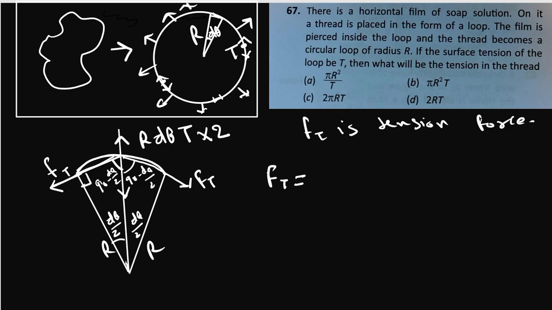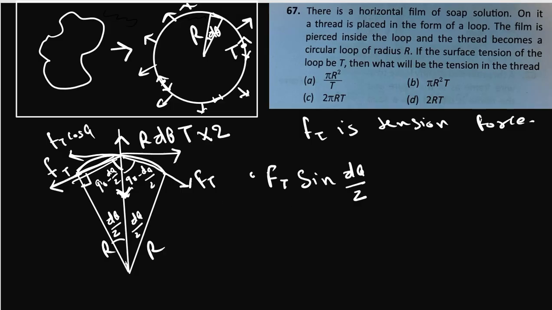We have to calculate Ft. So what will be the force along this direction which will oppose the force due to surface tension? It will be Ft sin d theta by 2. And since there is one force here and one force here, one component of the force will be in this direction and one component in this direction. Along the radius it will be Ft sin theta on this side and also Ft sin theta on the other side, and along the tangent it will be Ft cos theta, and these two will balance each other.